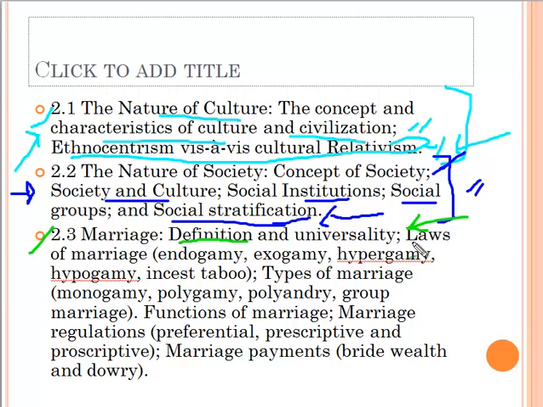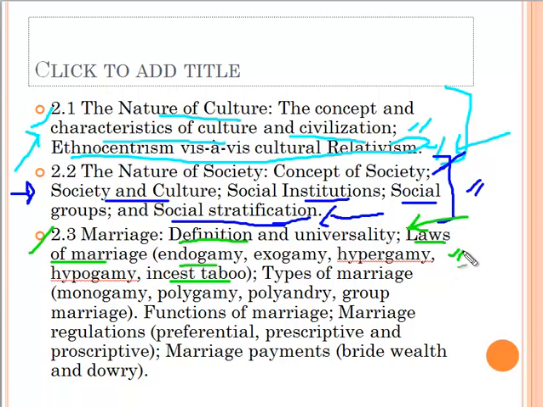Then laws of marriage like endogamy, exogamy, hypergamy, hypogamy, incest taboo. These are different types of marriages. In endogamy, you marry within your group, whatever group you are in. In exogamy, you marry outside your group. The group can be anything, like your caste: you can marry inside your caste or outside your caste. And then hypergamy and hypogamy, this is also a fixed concept.